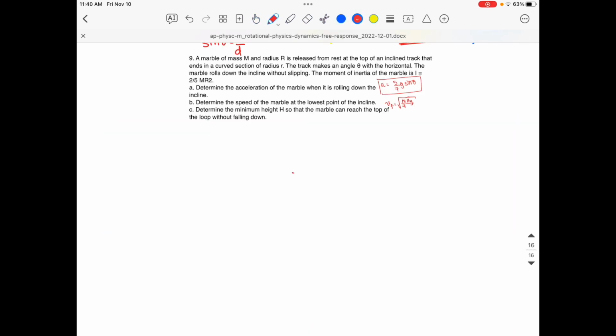Okay, so for this last question, it's asking the minimum height so that the marble can reach the top of the loop without falling down. This is going to be a conservation of energy equation. We start off with some gravitational energy, and at the top of the loop, we end up with some kinetic energy, both translational and rotational, because it is rolling. And then we also have a height, so there's gravitational energy as well.